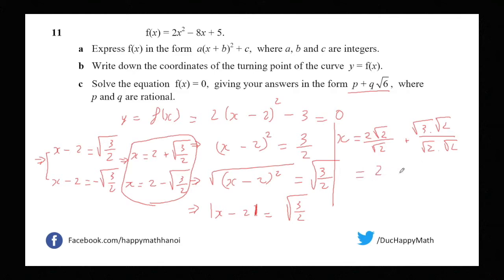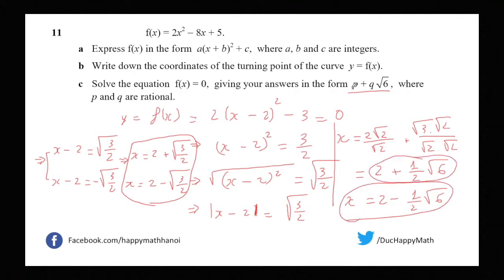So this one will be equal to 2 plus the square root of 6, divided by 2. And x2 will be equal to 2 minus 1 over 2 square root of 6. So the value of p is 2, and the q here is plus or minus half.